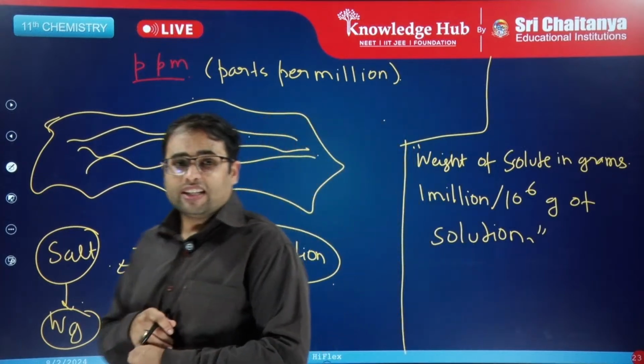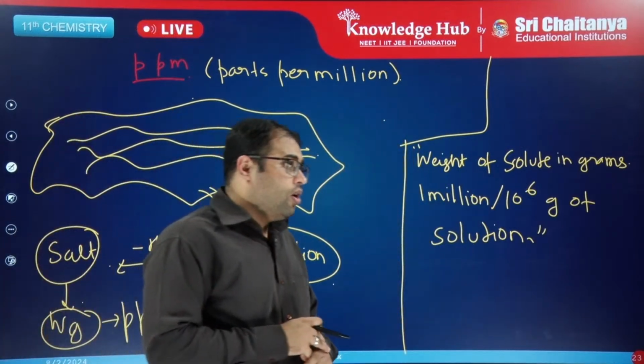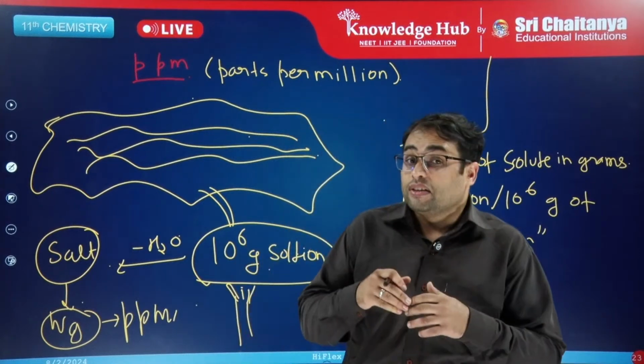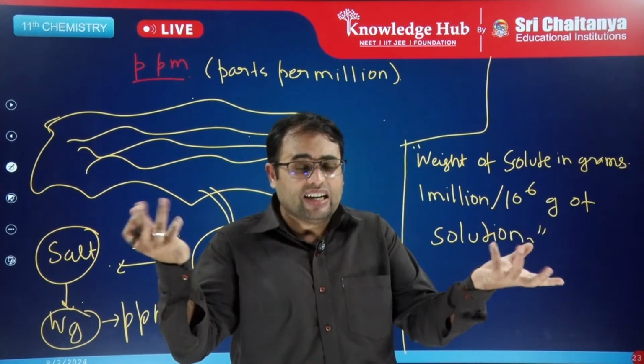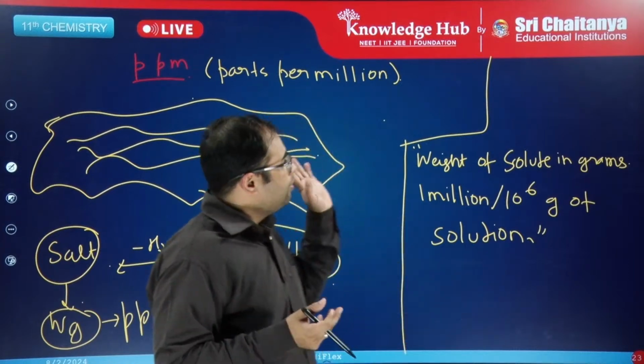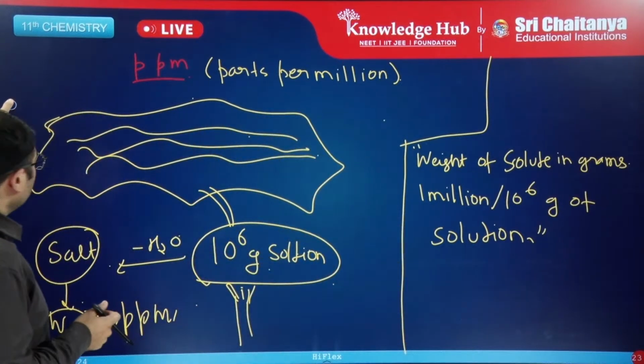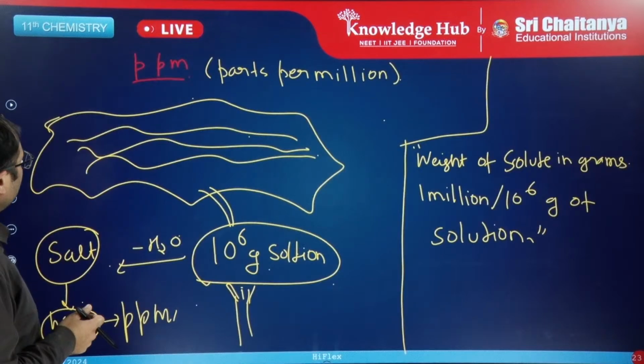So 10 raised to power 6 can be 10 raised to power 6 grams, or 10 raised to power 6 mLs, or 10 raised to power 6 liters, whatever you want to take, but that is what we mean by parts per million, right?